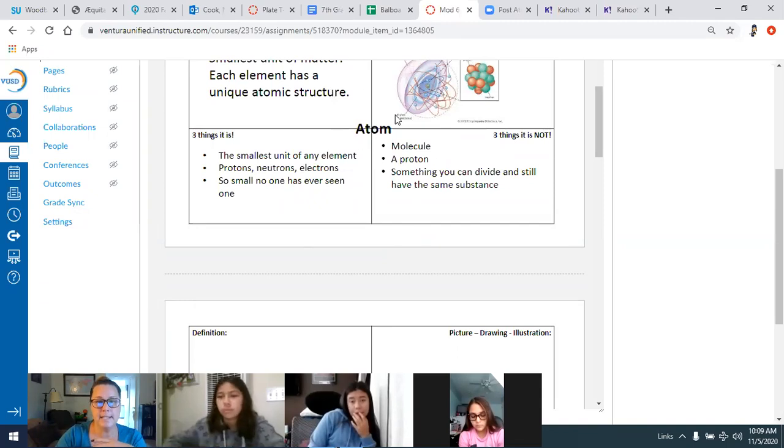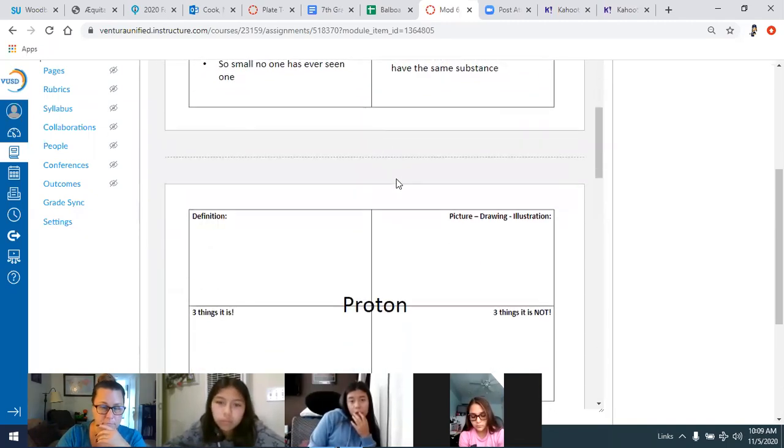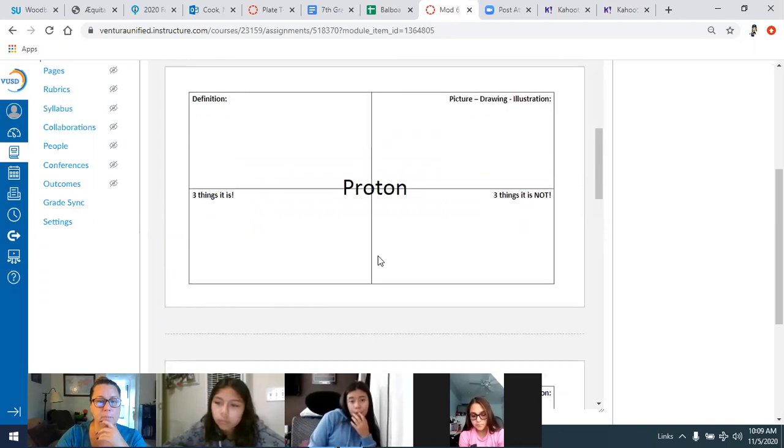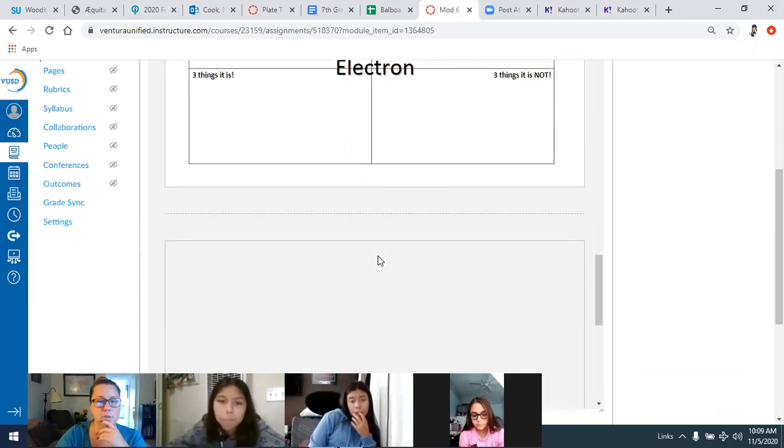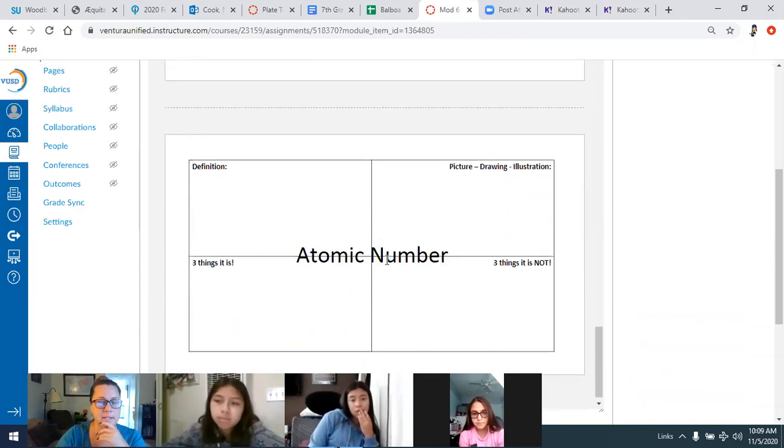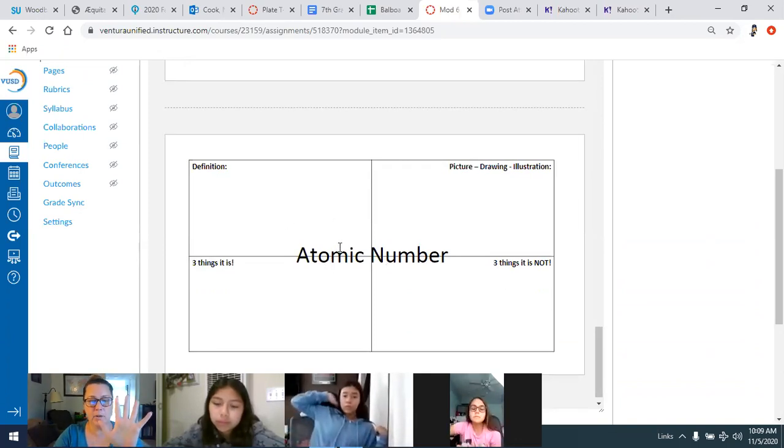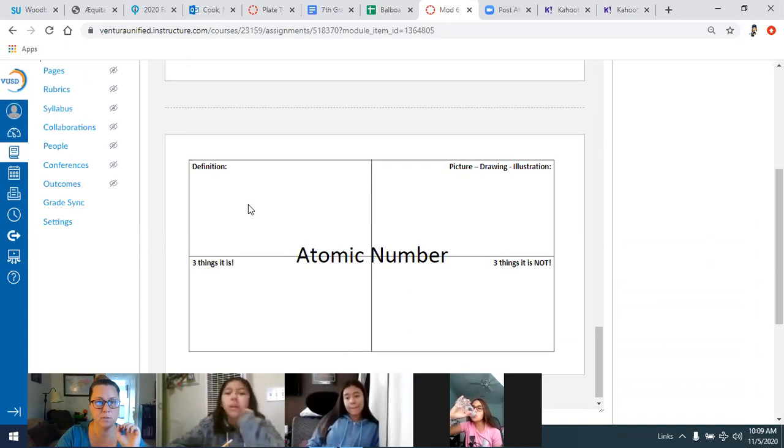So here is an example of what I want you to do. You're going to be doing that for a proton, a neutron, an electron, the atomic mass, and the atomic number, right? So those are 5 vocabulary cards you have to do: proton, neutron, electron, atomic mass, atomic number. In each one of those 5 cards, there are 1, 2, 3, 4 cells to fill in.